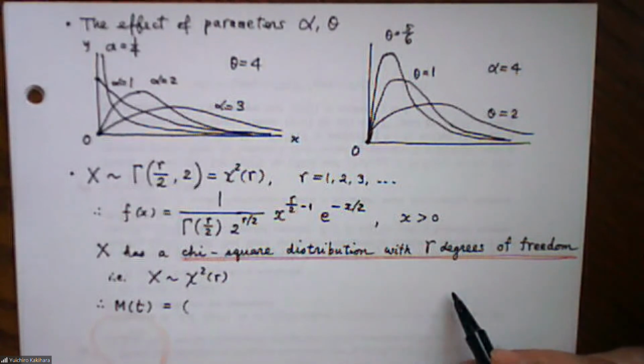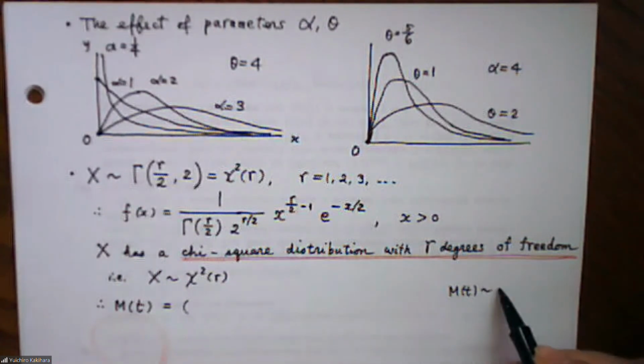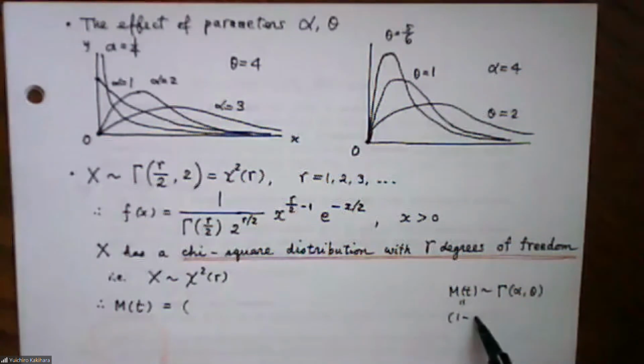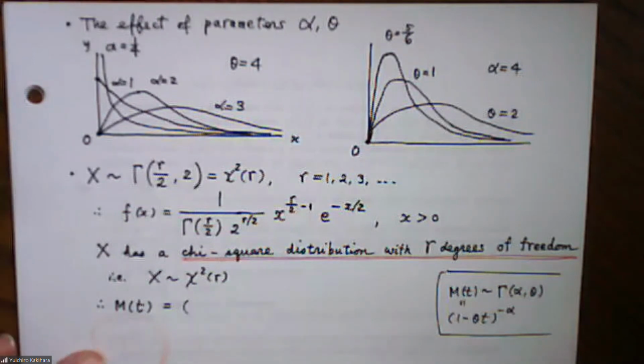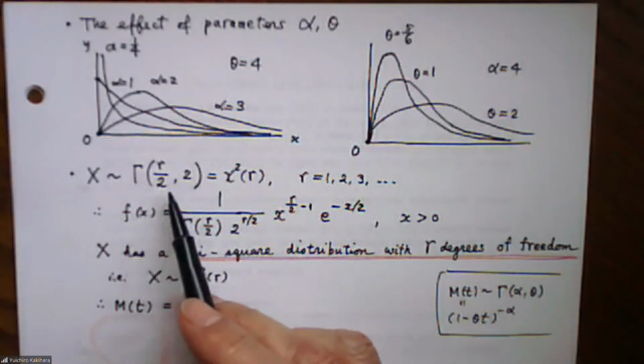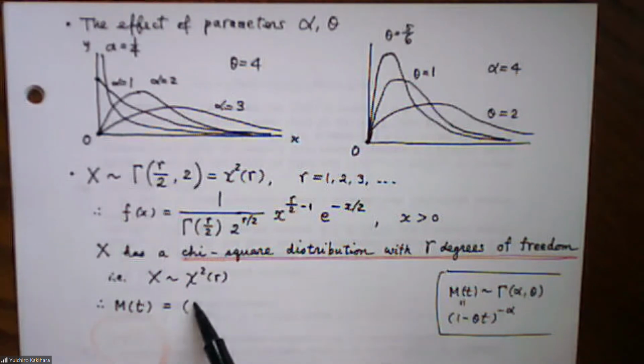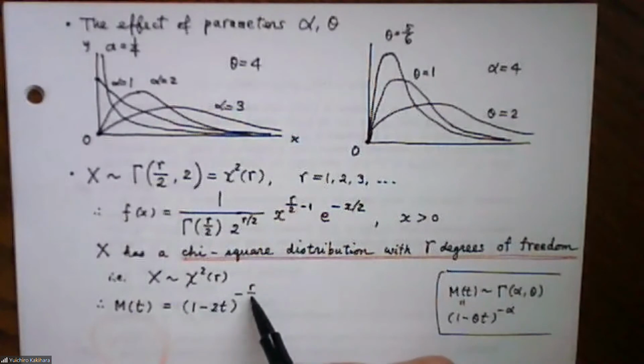When you have gamma of alpha and theta, remember this: M of t is 1 minus theta t, to the power negative alpha. Please don't forget. So here alpha is r over 2 and theta is 2, so it will be 1 minus 2t to the negative r over 2.